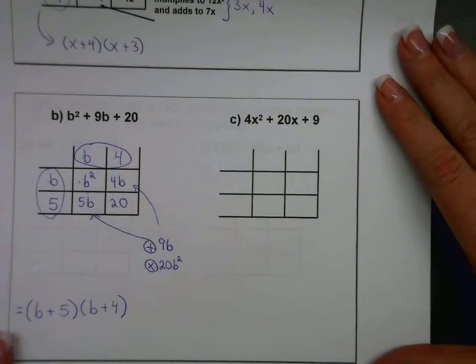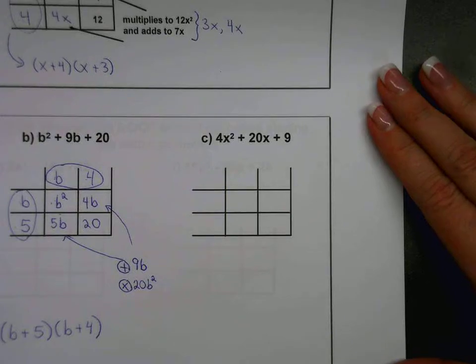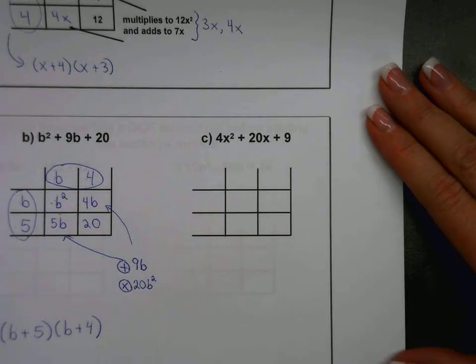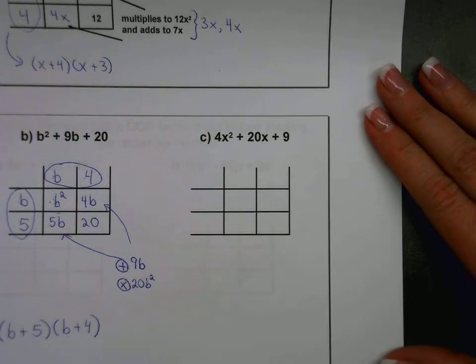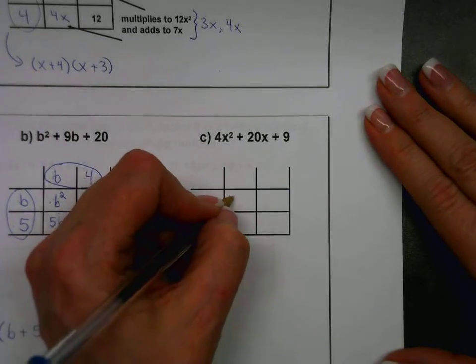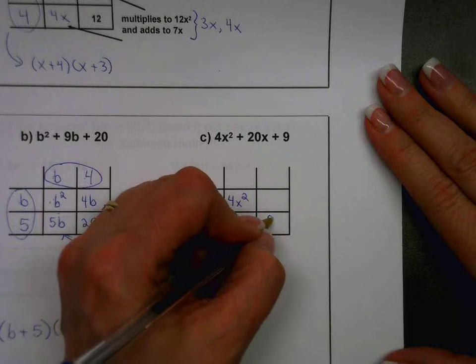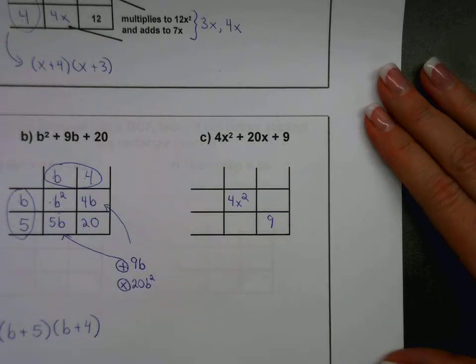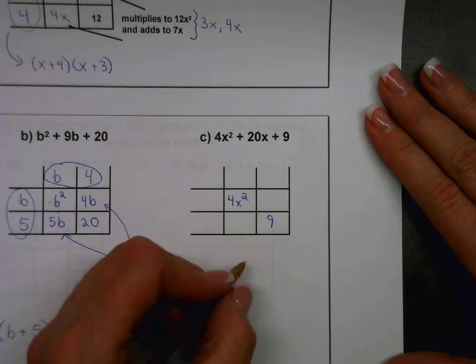Now, for the next one, we've got a 4x squared plus a 20x plus a 9. Place the 4x squared and the 9 first. Multiply the two items together that you've placed in the box.